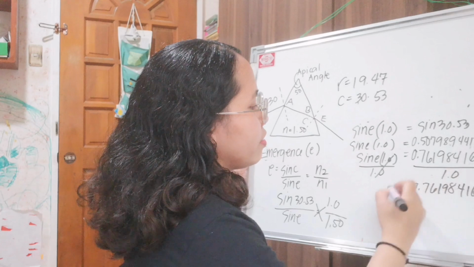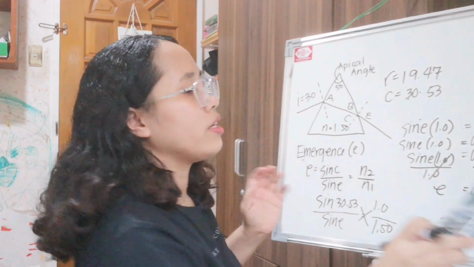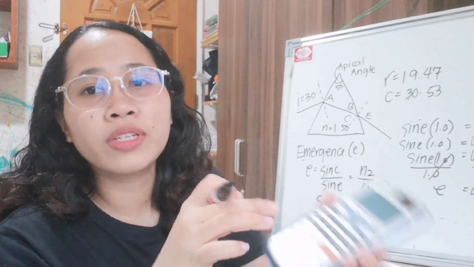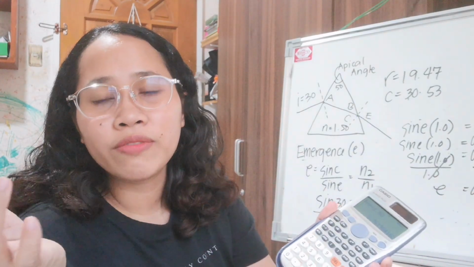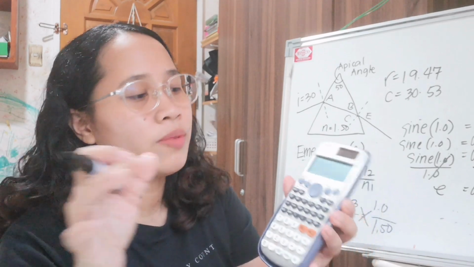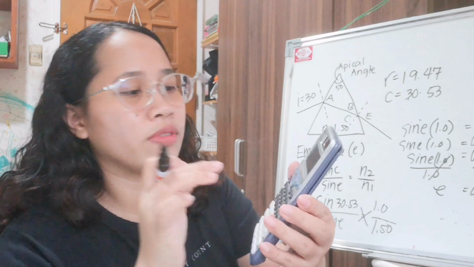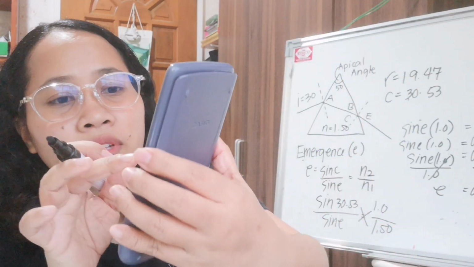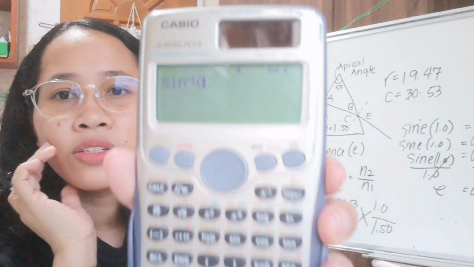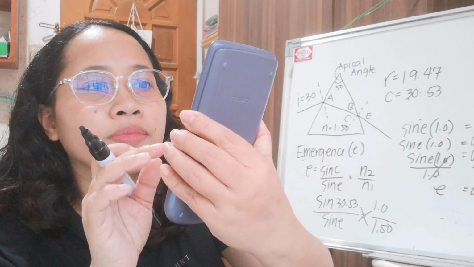Inverse sine. To inverse sine, you just have to shift sine. I don't know if other calculators have a different procedure, but here in my calculator, just shift and sine. So you will have inverse sine, equals.